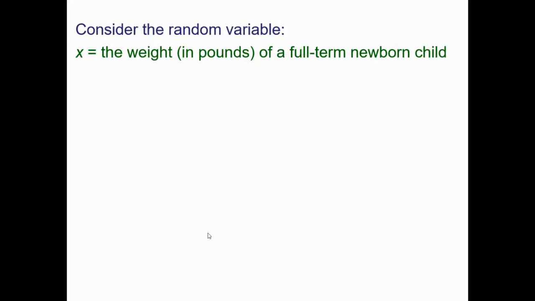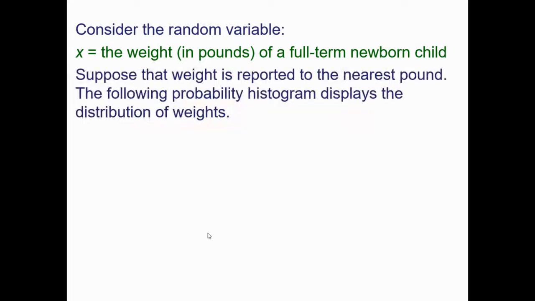Okay, so let's consider the random variable x, where x is the weight in pounds of a full-term newborn child. Would this variable be discrete or continuous? Continuous. It's a measurement. So let's suppose we report the weight to the nearest pound, and then we do a histogram.